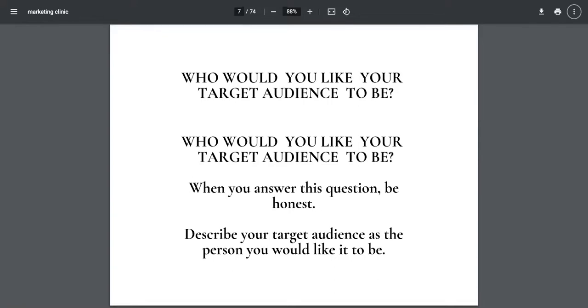Anyone will not understand what you're trying to sell. Anyone will not want what you're trying to sell. And anyone will not need what you're trying to sell. So describe your target audience as the person you would like it to be. Be very precise, be very clear, put in as much information as you need in there.